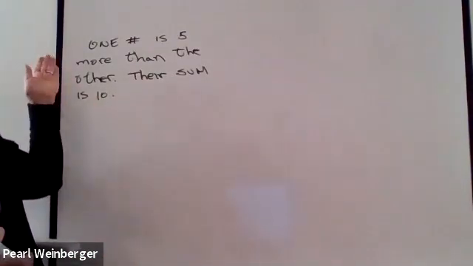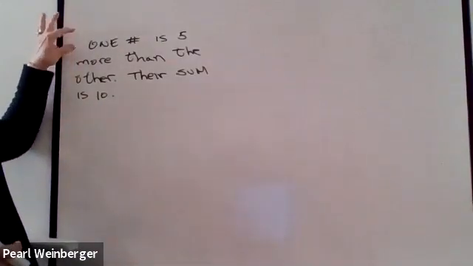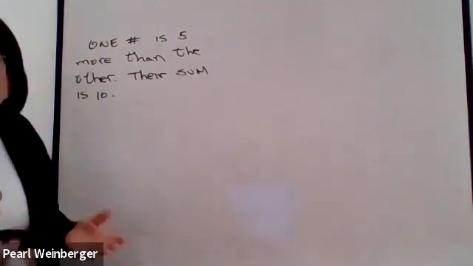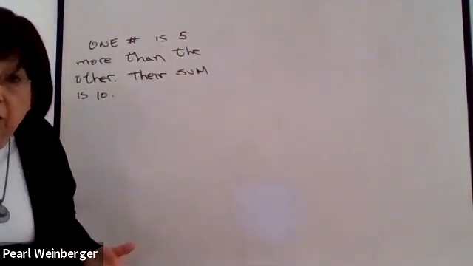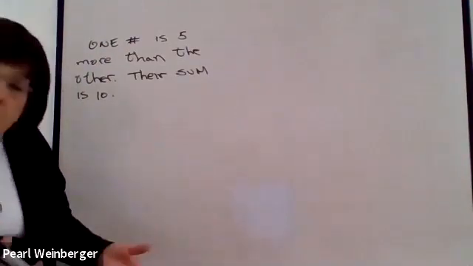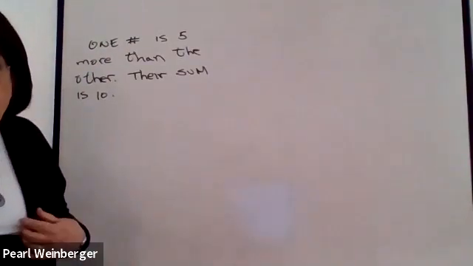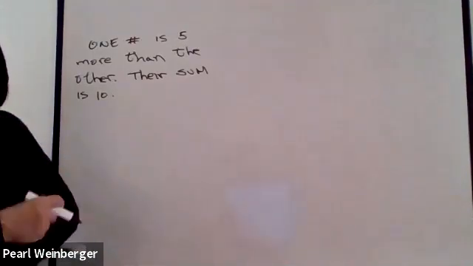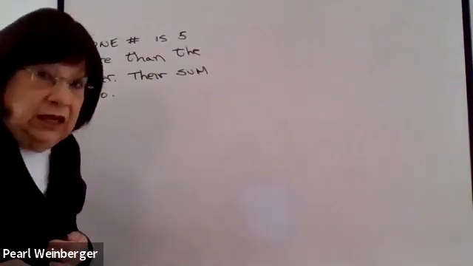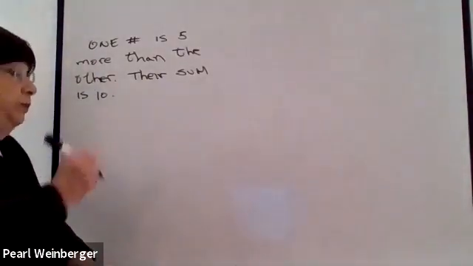If I look at the question, one number is 5 more than the other. We're talking about 2 numbers. So since I'm talking about 2 numbers, let's call one x and one y. And we're going to have 2 variables. So we're going to need 2 equations. We're going to need a system of equations.